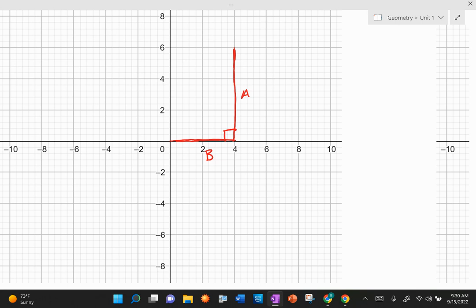So what is the longer connecting side called? Do we remember? We will label it C, but it actually has a specific name, and it starts with an H. That name is called the hypotenuse.